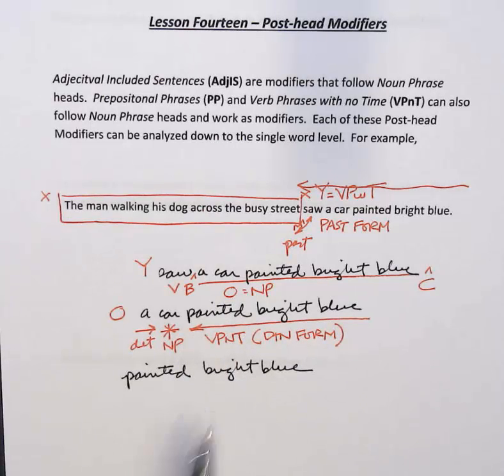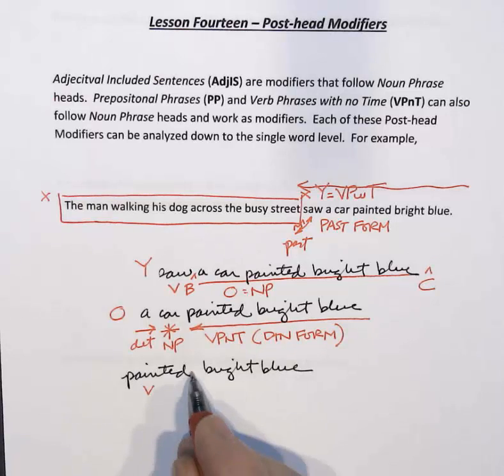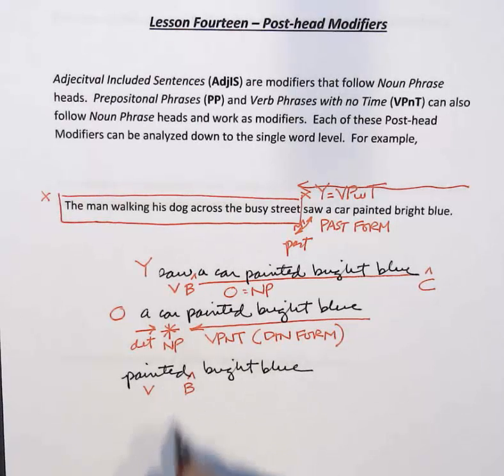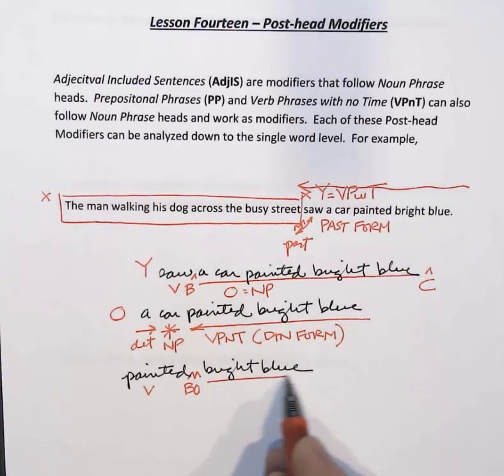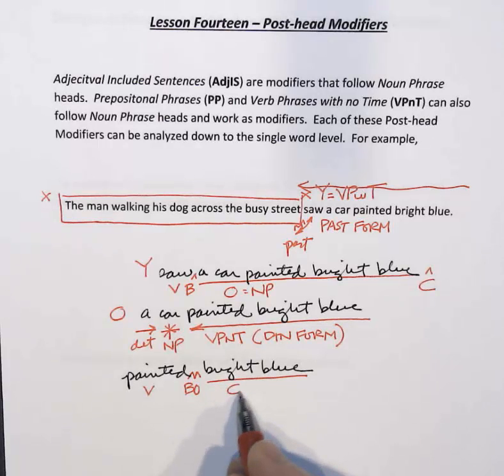And that's going to be our first step in analyzing this verb phrase with no time. Painted is the verb. The particle place is empty. The object is empty. And the complement is an adjective phrase, bright blue.